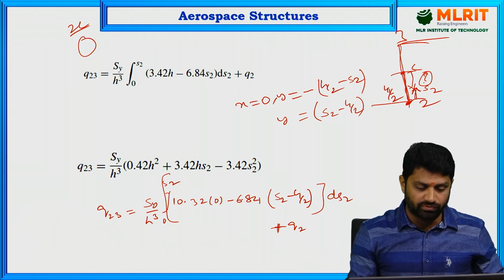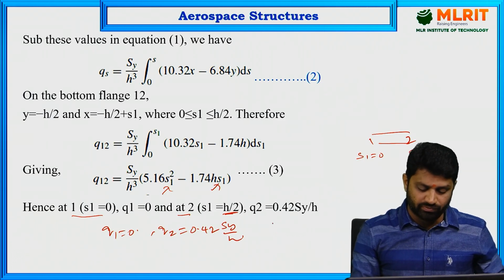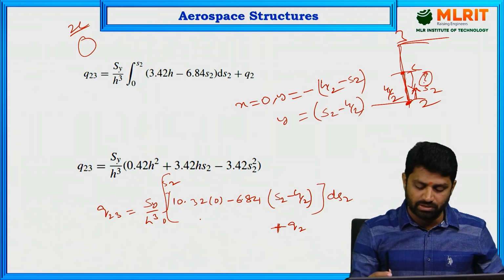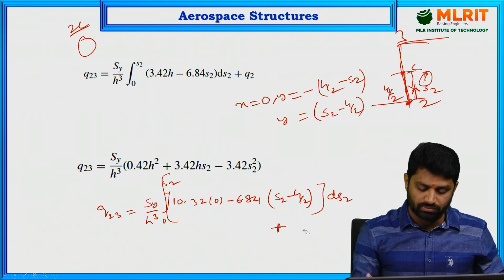But what is q2? We got from the previous expression, q2 we got it as 0.42 Sy by h, so that we have to add here. So q2, 0.42 Sy by h, that you have to add.